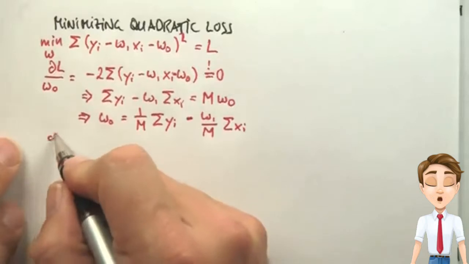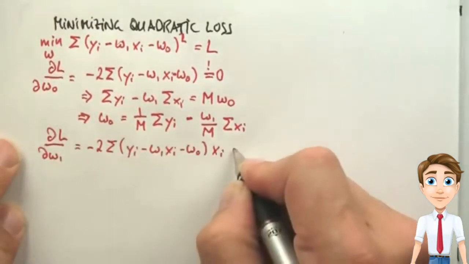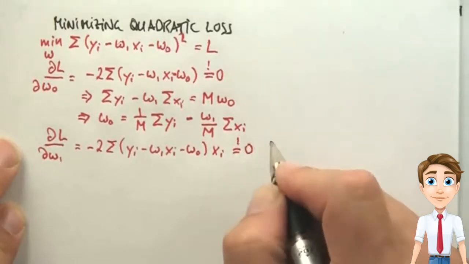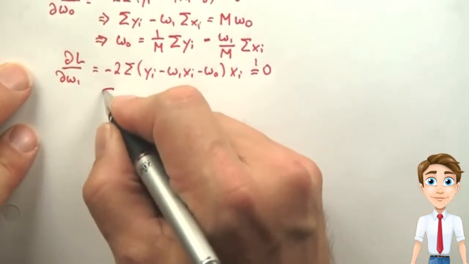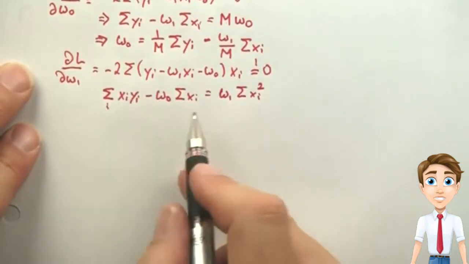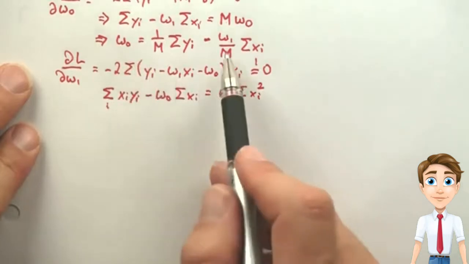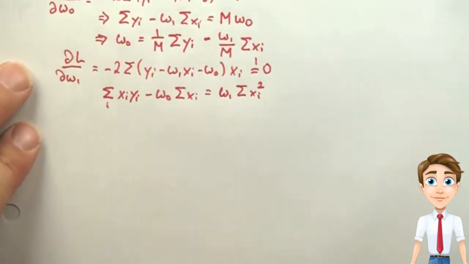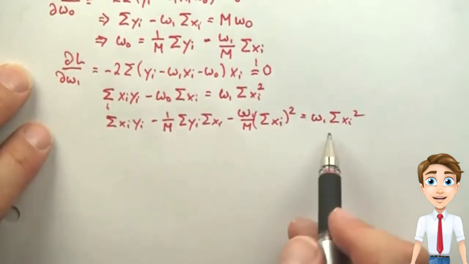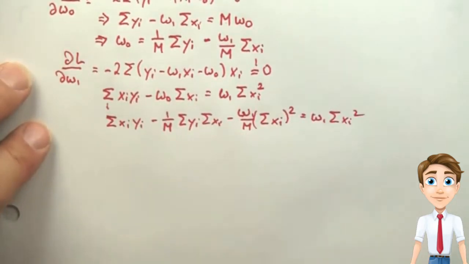So let's do the same trick for W1 and set this to 0 as well, which gets us the expression over here. We can now plug in the W0 into this expression and obtain this expression, which looks really involved, but it's relatively straightforward.